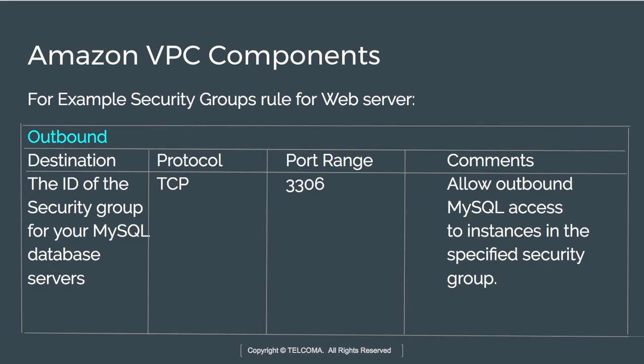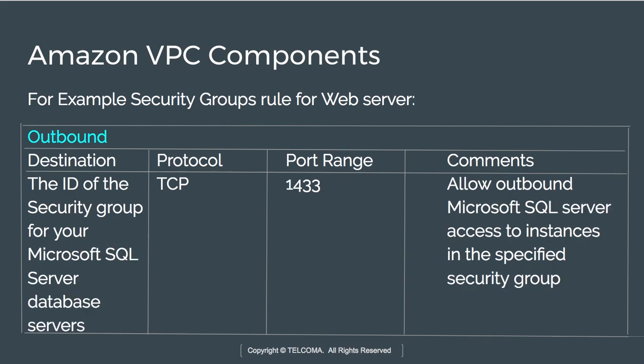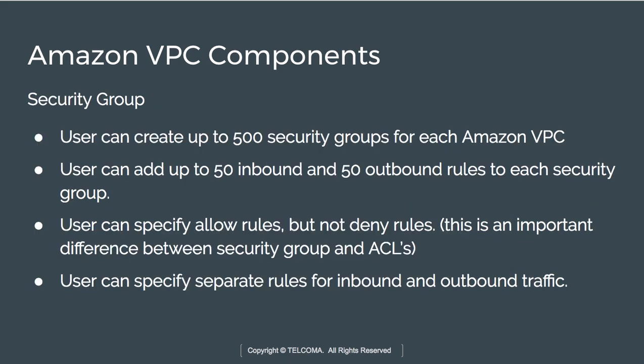Suppose the ID of the security group for your database, so port range and a protocol. So allow all outbound MySQL access for these instances. This is for outbound. So these are the examples of how we can specify some rules with the security group.